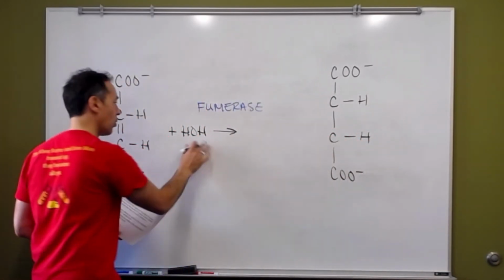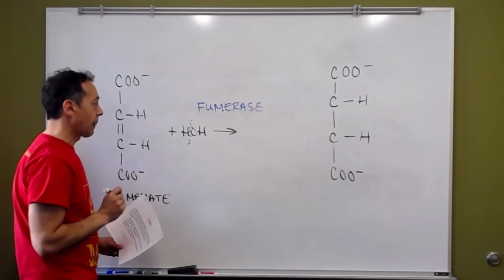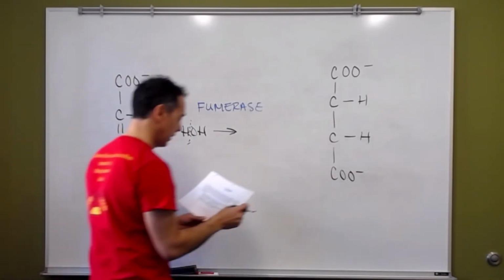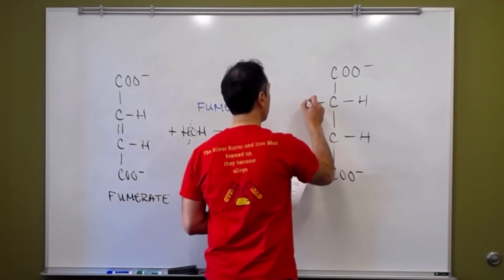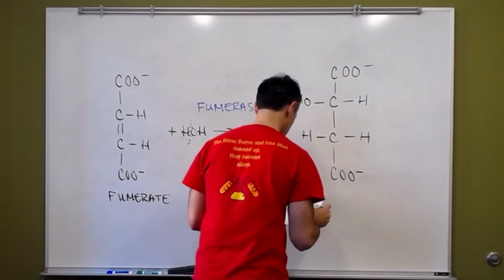So this water molecule here, we will break it apart, and we're going to then use that to break apart the double bond, and we'll end up with OH and hydrogen here.